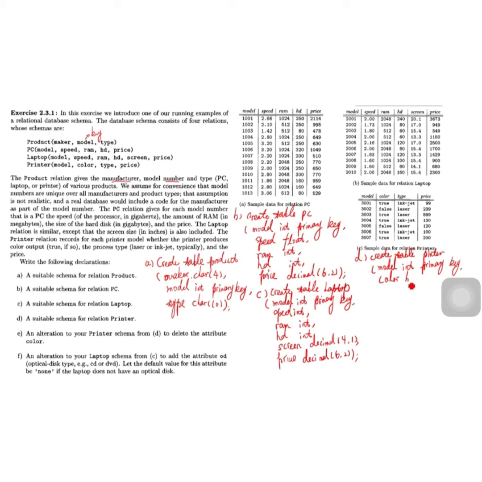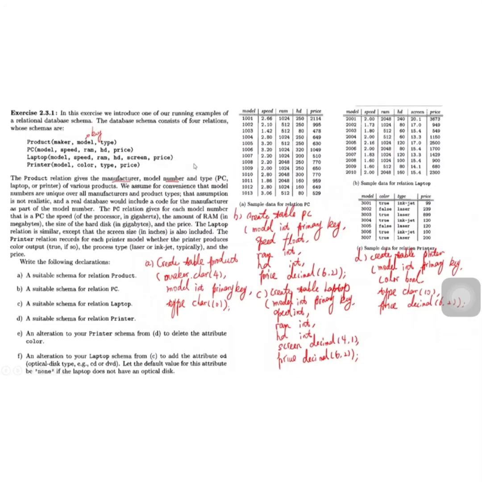So we use boolean. And now type. Type is a string, so use char. And price. Now, this is the create table sentence.